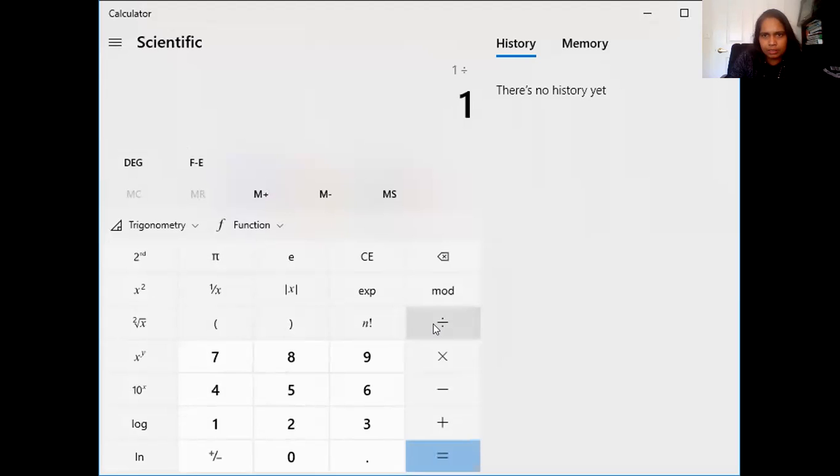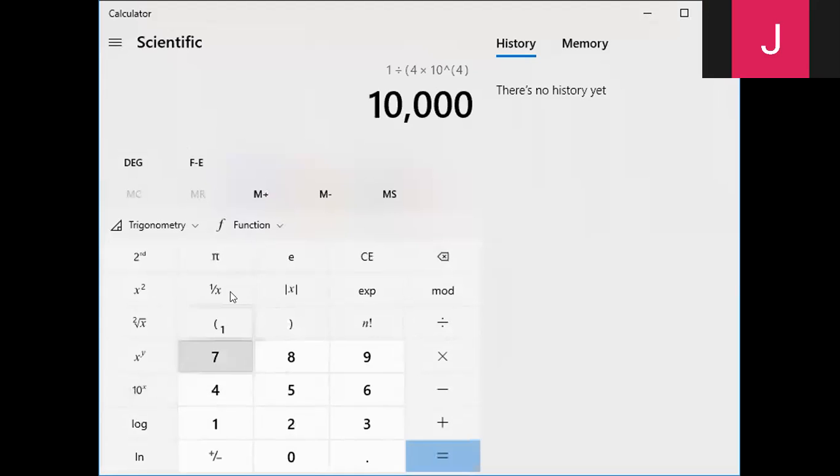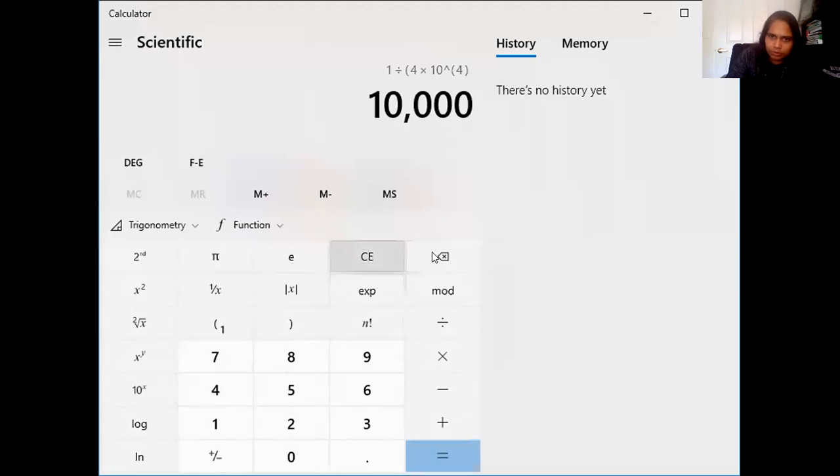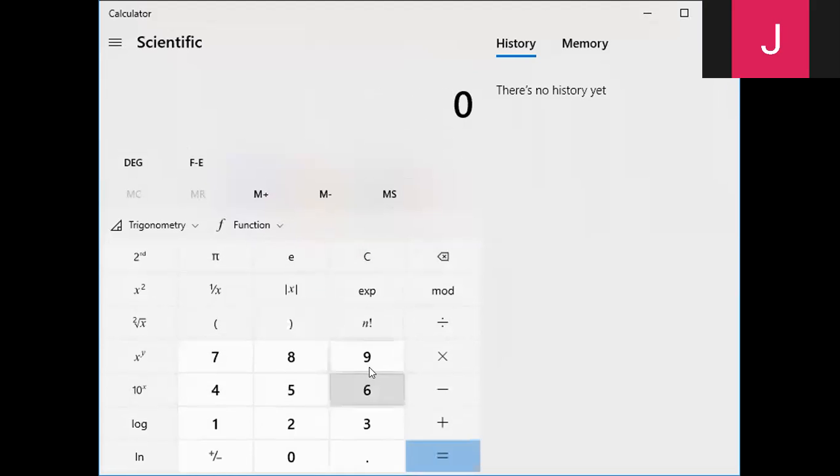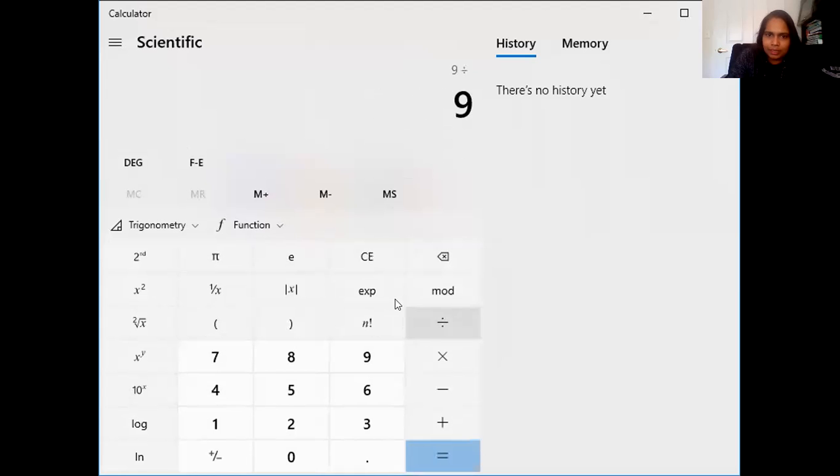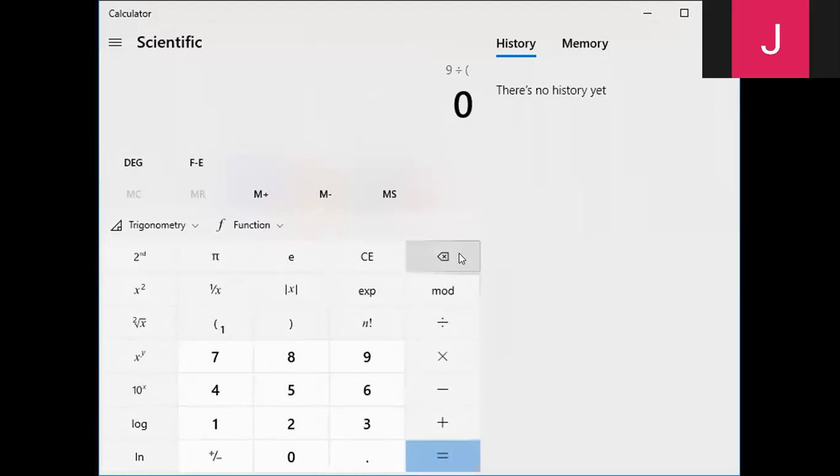Divided by, so you type 1 divided by, in parentheses, 4, and times it by, oh sorry, I made a mistake. Why do you need 1? What I did was 9 divided by 4 times 10. 9 divided by, in parentheses, you put 4.